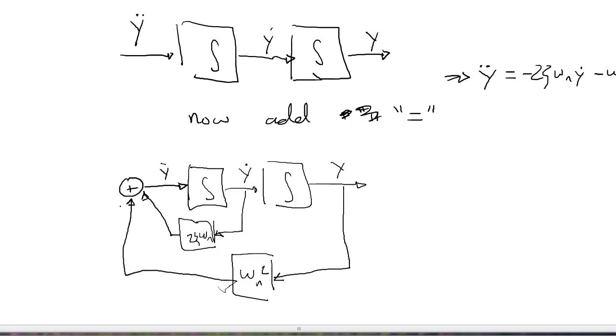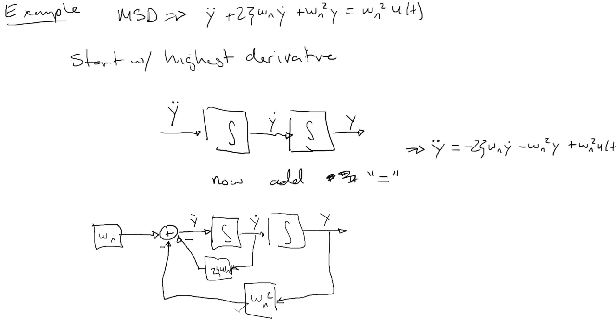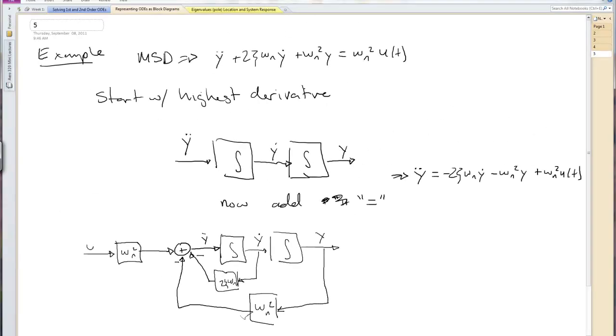I have to have some minus signs there, and then I need to add in omega n squared and u of t coming in there. So now I've got a whole block diagram, albeit a little messy.